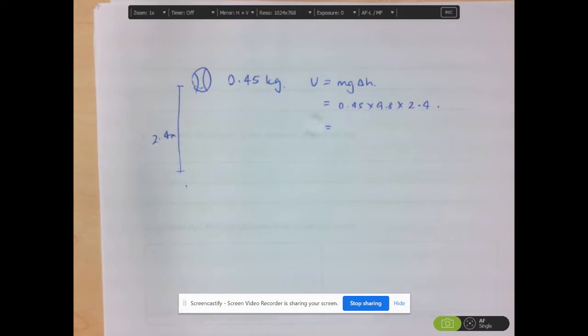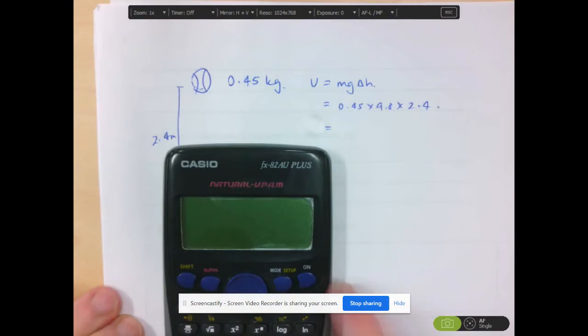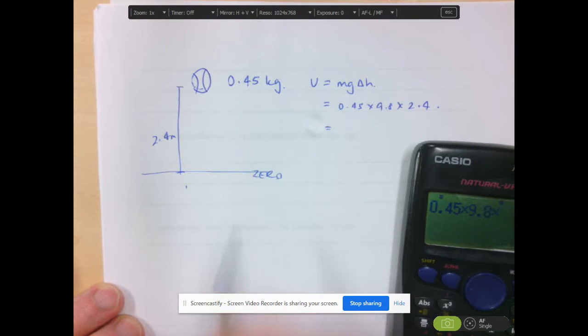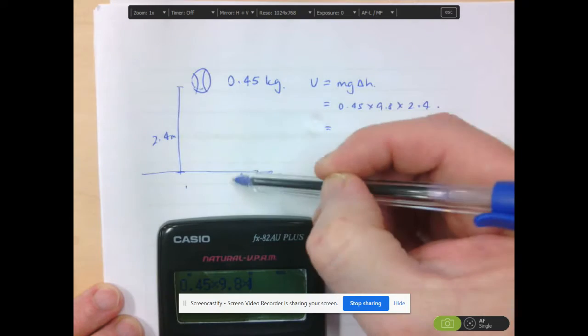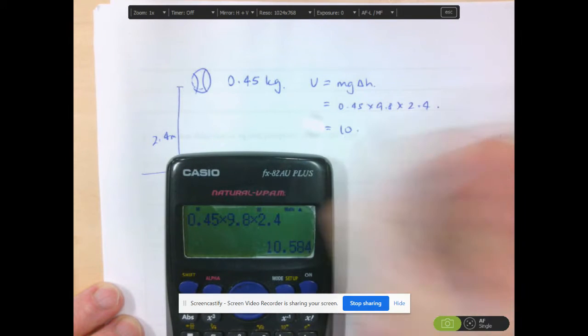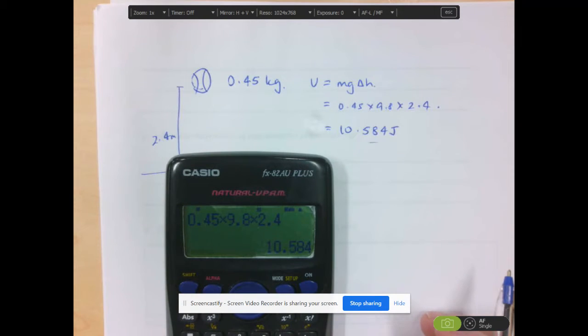We're assuming that this point at the bottom is the zero level of the gravitational potential energy, so there Δh is 0, and at the top it's 2.4. That gives us 10.584 joules. I'm going to keep that as 10.584.